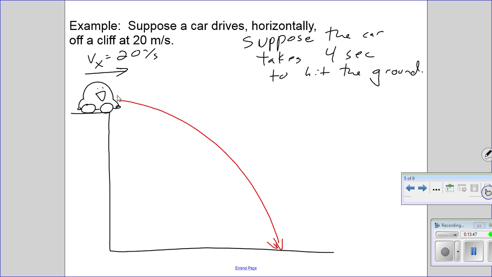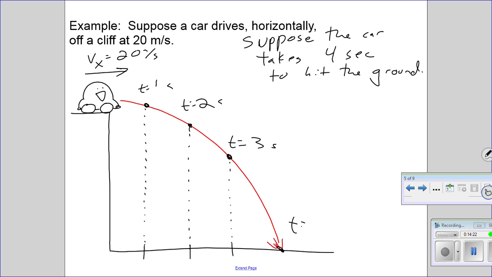All right, so let's do this. Let's break it up into 4 equal chunks. So I'm going to chop it in half. That's 2 equal chunks. 4 equal chunks, right? Okay. So here's what I'm going to do. Dotted line. T equals 1. That's where the car is after 1 second. T equals 2 seconds. T equals 3 seconds. T equals 4 seconds. All right.